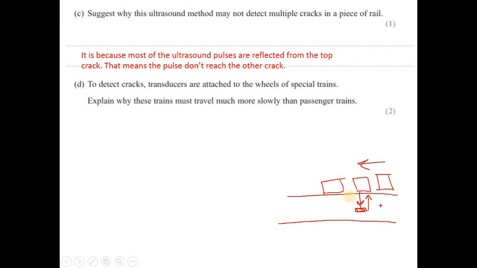So it cannot detect the exact position of the crack. So the train has to move very slowly, slower than the normal one, so it can detect the received pulse from the same position.